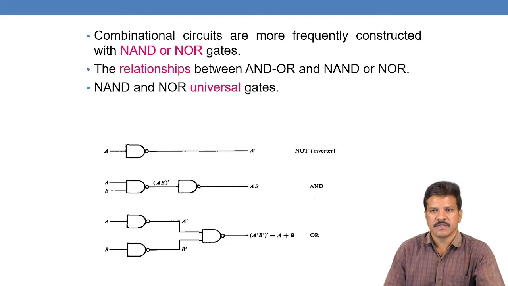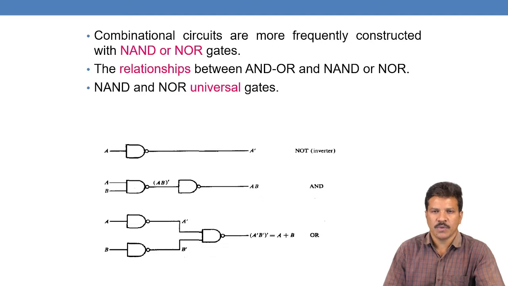Combinational circuits are frequently constructed with NAND and NOR gates because these gates are readily available in integrated circuits. Because of this prominence, we prefer NAND and NOR gates to implement any Boolean functions or combinational circuits.